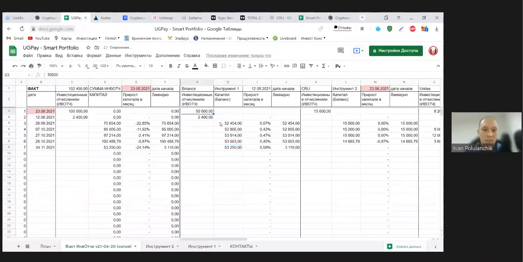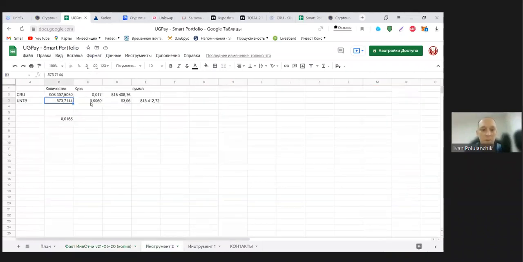I'll write here 53250, and we have that money ready to be invested in Binance. And you can see here already some capital growth. Here we bought the tokens, our CRU tokens and UNTBs.